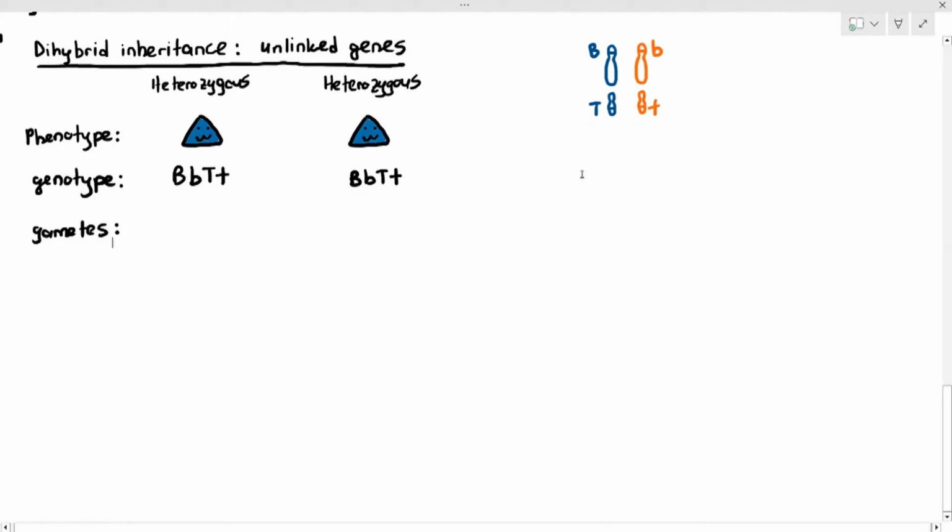What you notice is I'm coloring one set of the chromosomes in blue and one set of the chromosomes in orange. The blue chromosomes contain one large B and one large T, and the orange chromosomes contain one small b and one small t.